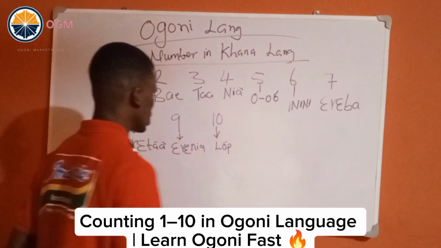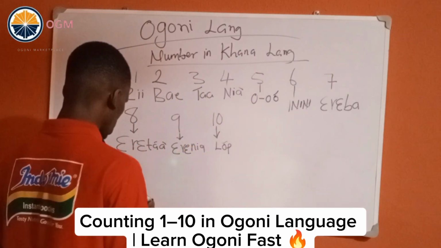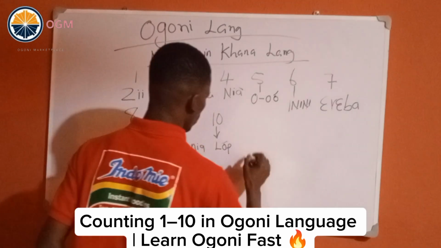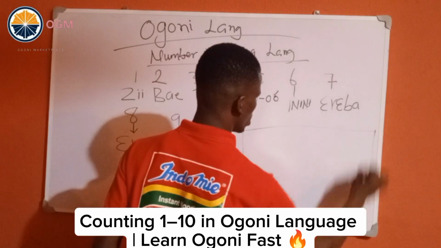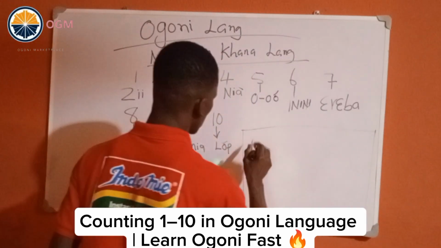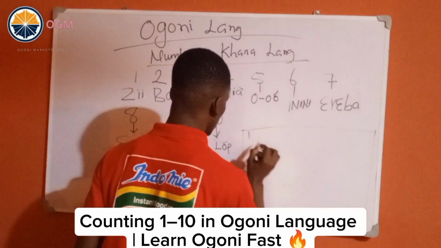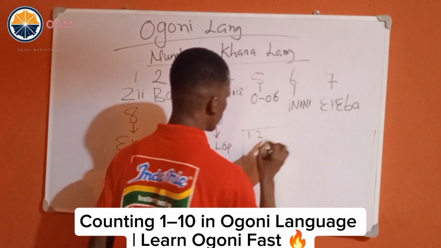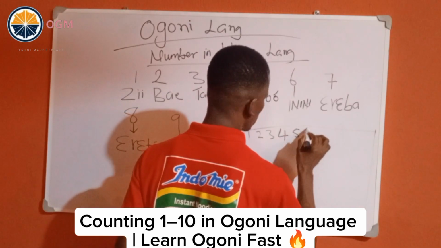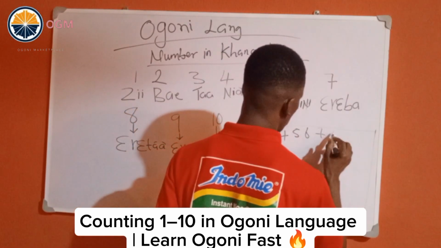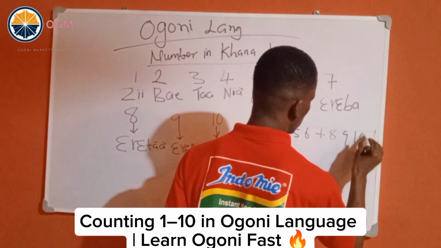If you are to count from 1 to 10, this is what you do. 1 is called zin. 2 by, 3, 4, 5, 6, 7, 8, 9, and 10.